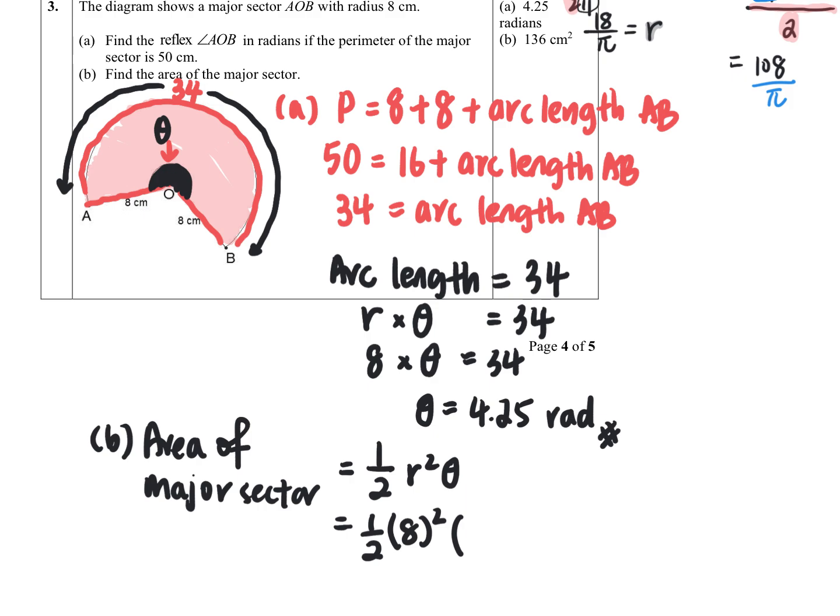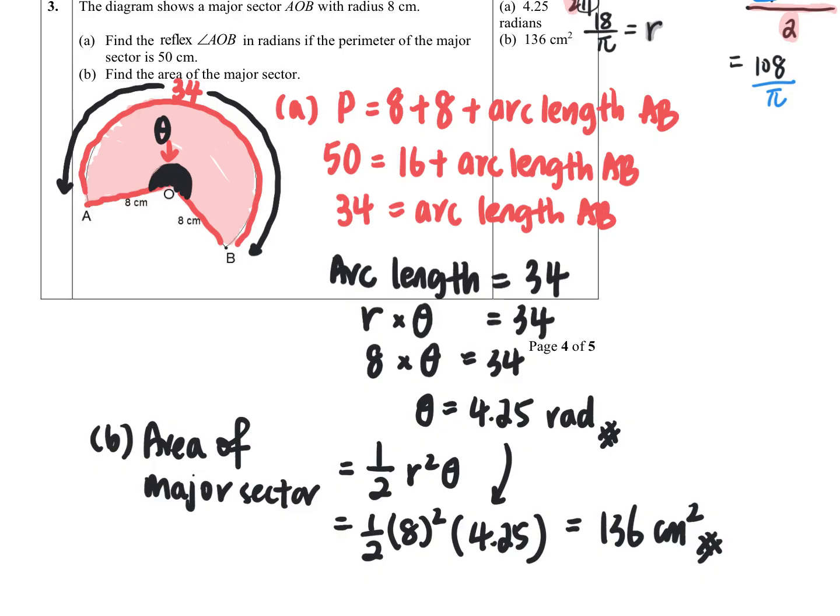This one. 4.25. Okay, 4.25. So just key into the calculator. 136, yeah. Exactly 136 cm square.